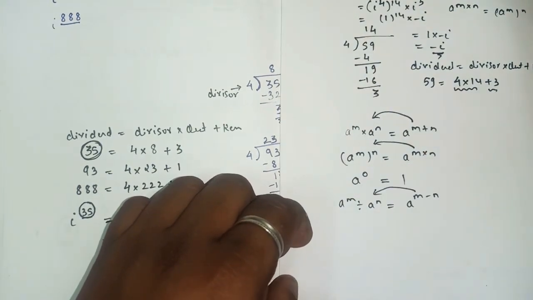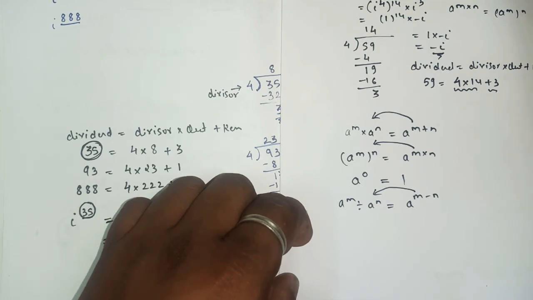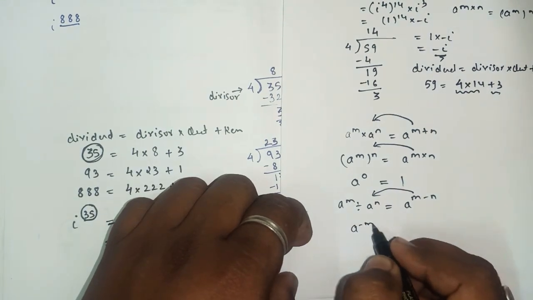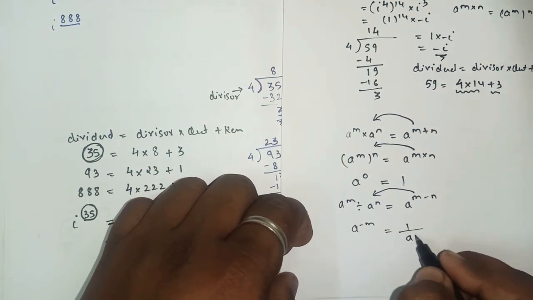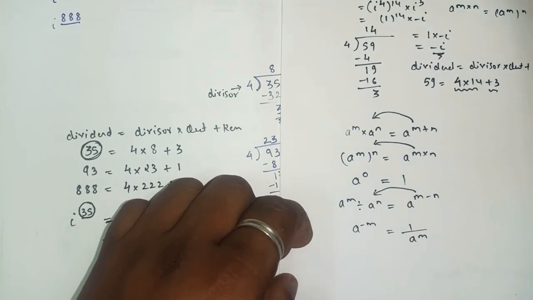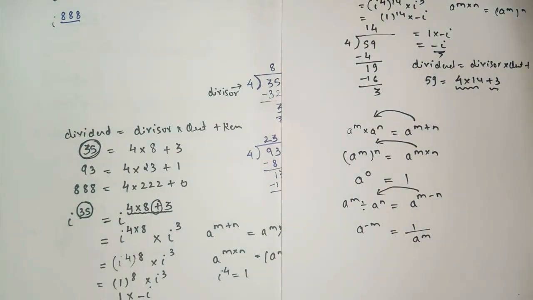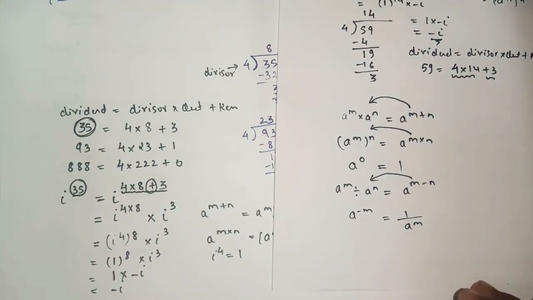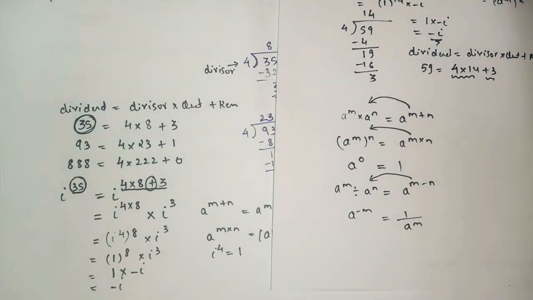These are the basic formulas of indices, which were there in your lower standard. And a negative power we can write as 1 upon a raised to m; we can make the power positive using this formula. These small formulas will help you find your answer whenever the power is large.